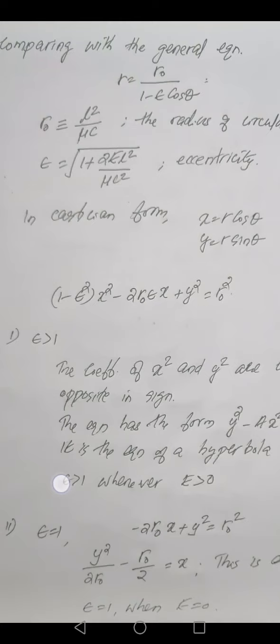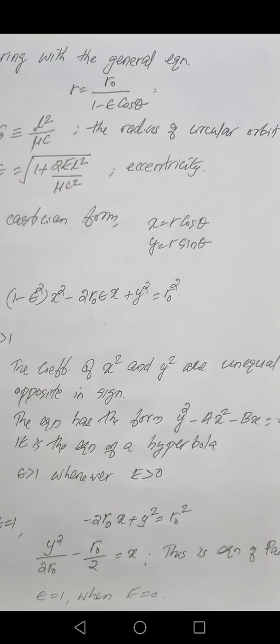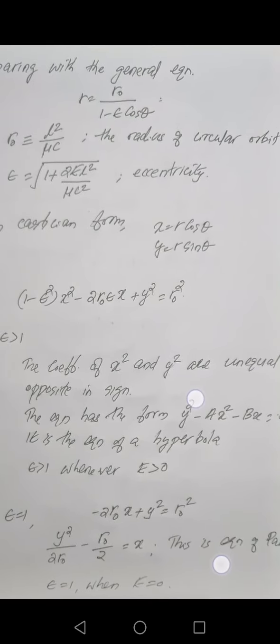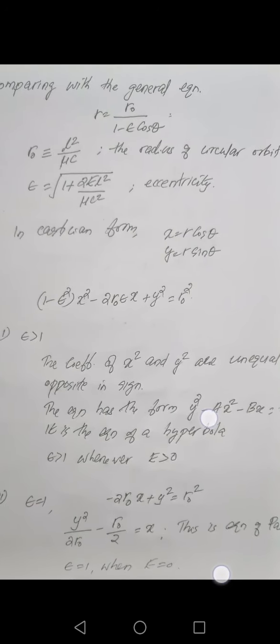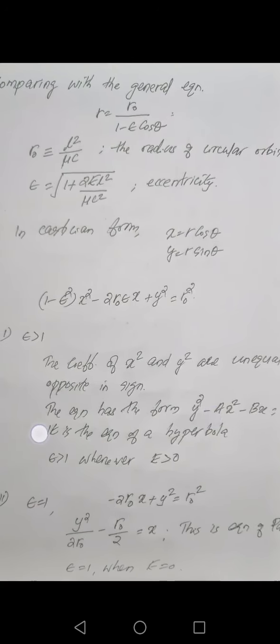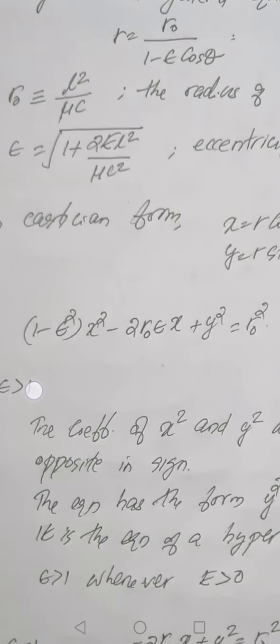This is the equation of a parabola. So epsilon equal to 1, the orbit becomes a parabola. Epsilon equal to 1 happens when E equal to 0.